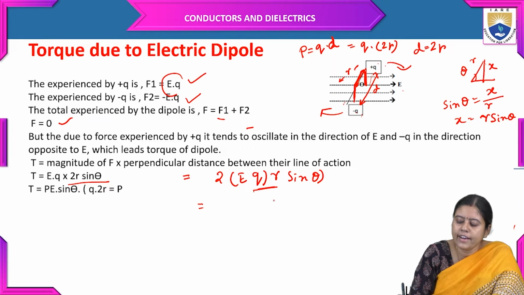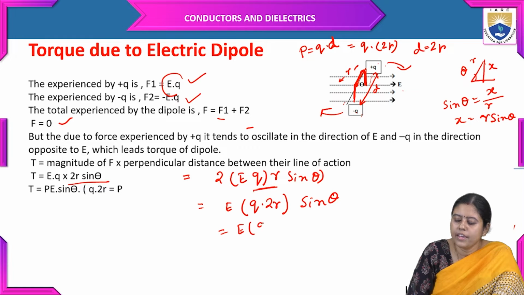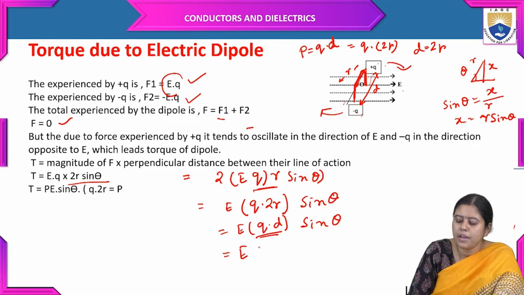So we can write it E Q into 2r into sin theta. So E Q D sin theta, and QD is equal to P.